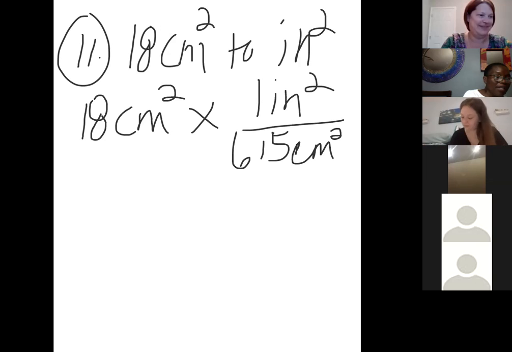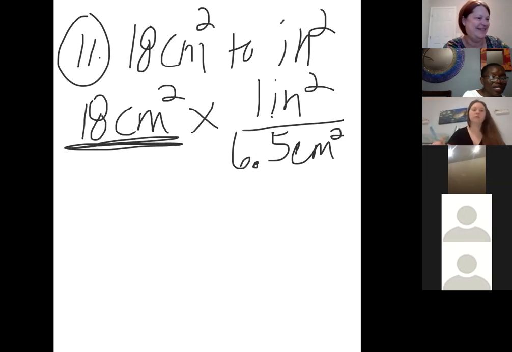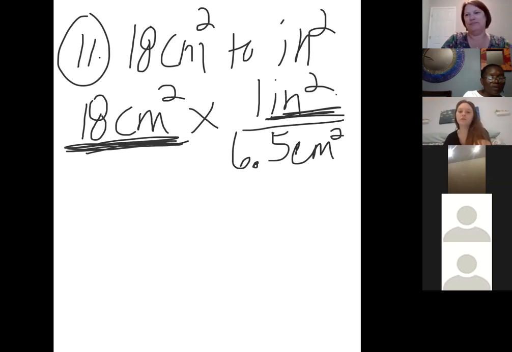So we're looking at converting from the, hold on a second. All right, let me fix that for you. There we go. We are converting from the metric unit to the English unit. So in this one, we're multiplying 18 centimeters squared by 1 inches squared over 6.5 centimeters squared. The centimeters squared would cancel out.